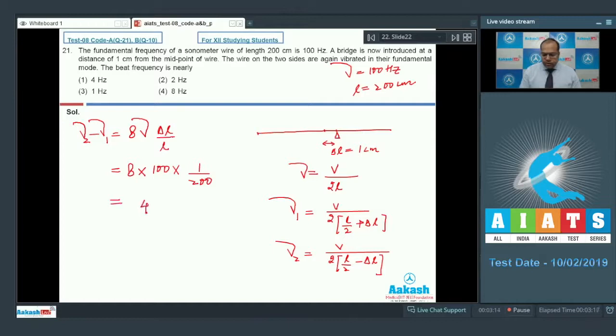Solving this, it comes out to be 4 Hz. So option 1 is the correct answer.